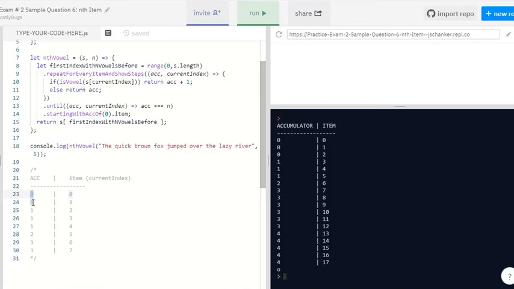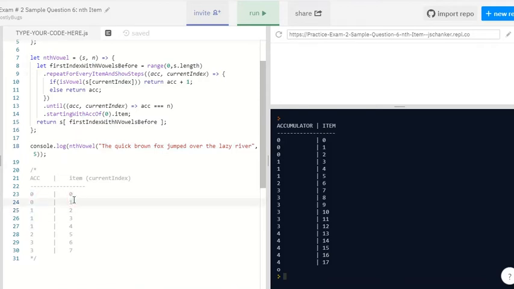But over here, what we're doing each time to figure out whether the accumulator goes up by 1 or not is not checking S of current index. For instance, over here, if you check S of current index, you're checking S of 1. If you're checking if S of 1 is a vowel, it's not, so you would still keep the accumulator at 0.